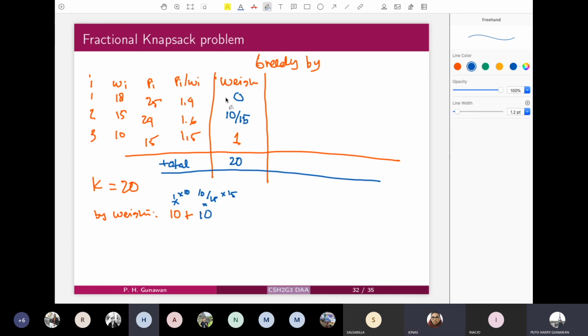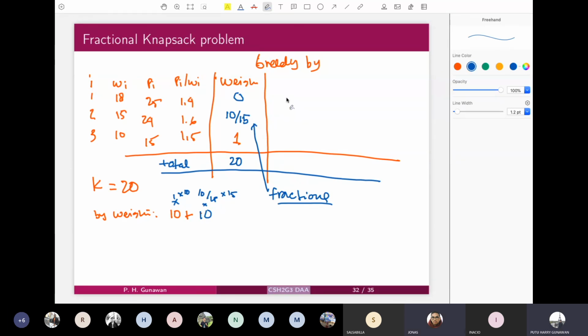This is why it is called fractional: we can choose items partially.